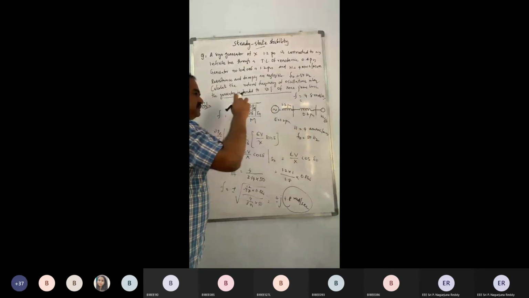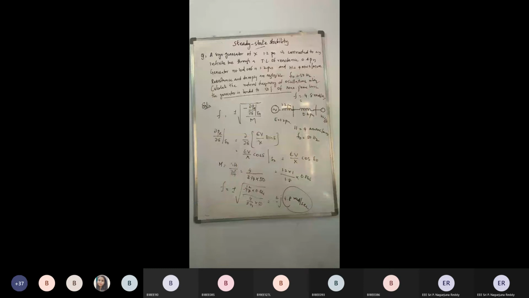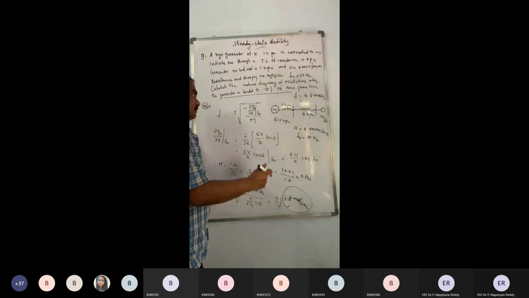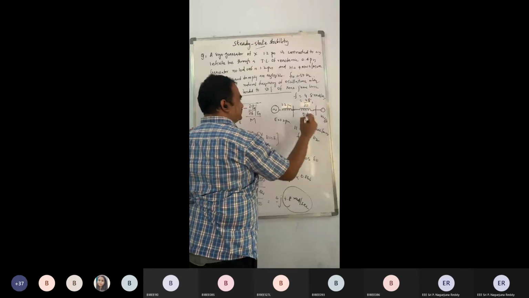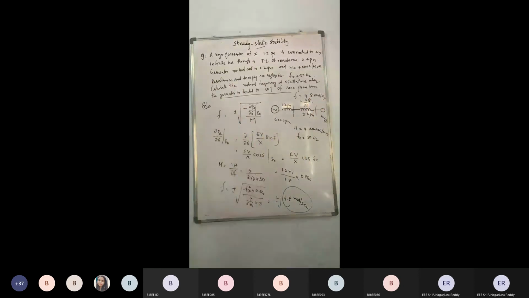Then convert it to frequency. How to convert radians per second into frequency? Divide by 2 pi, which will give hertz. So what is 4.8 by 2 pi? Anybody?